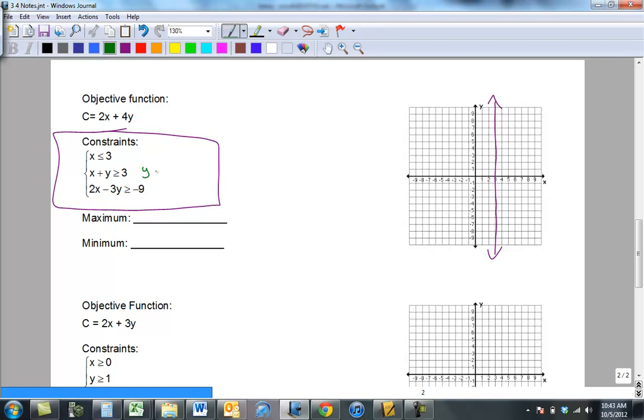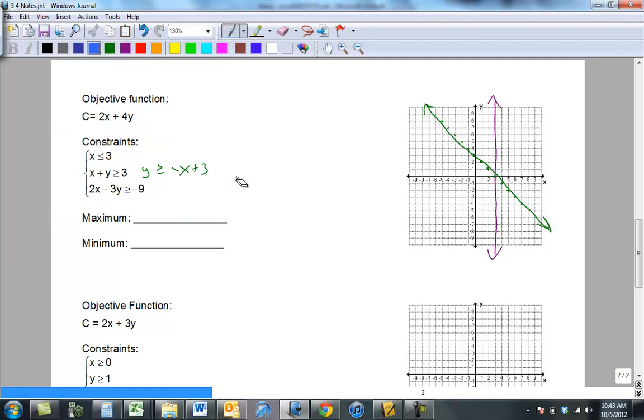This next line is going to be y greater than or equal to negative x plus 3. Now remember, make a bunch of points because we're going to need to find the vertices of the feasible region. So make a bunch of points so it's easy to determine where they intersect. Wow, that is the unstraightest line you've ever seen.